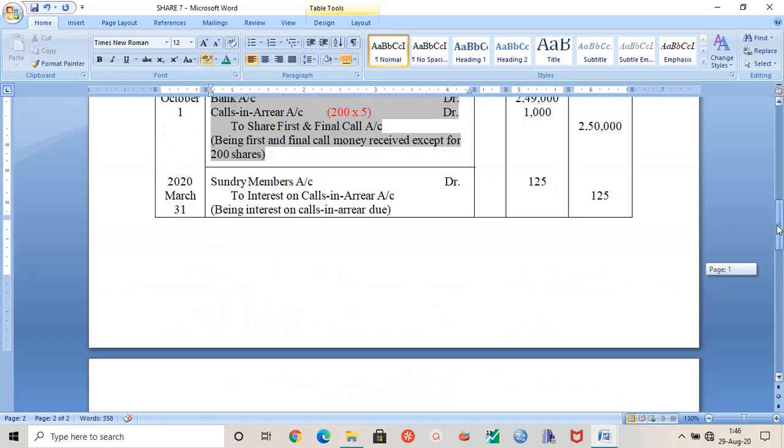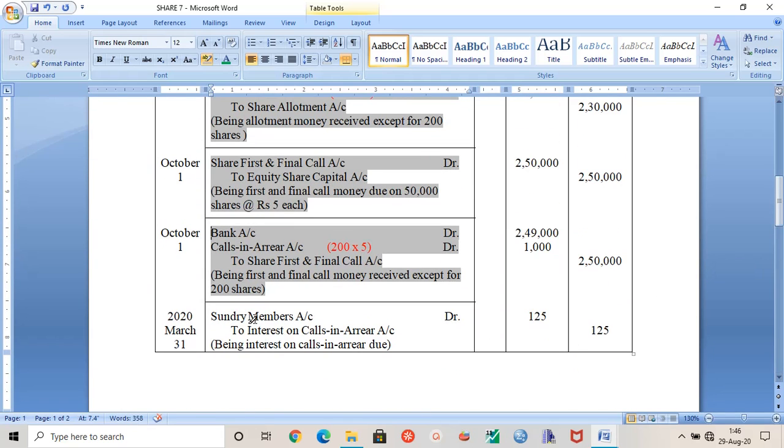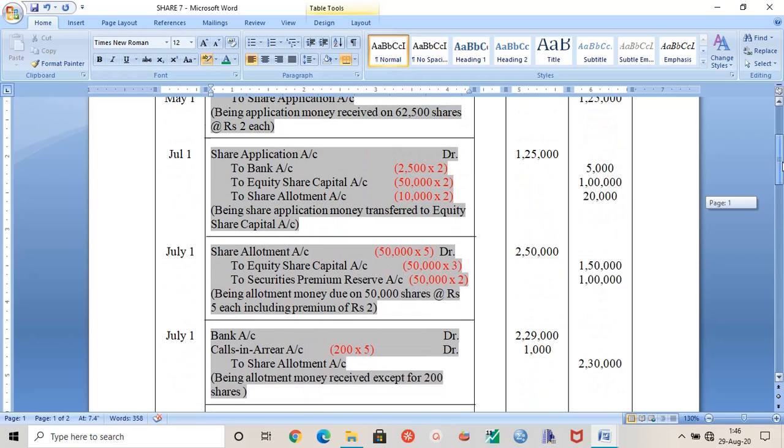This is how you calculate the amount, and the entry will be sundry members, or you can write sundry shareholders also. We have already discussed in the lecture video previously that shareholders are actually the members of the company. So we write sundry members account debit to interest on calls in arrear account, and the amount will be 125. So that's it.